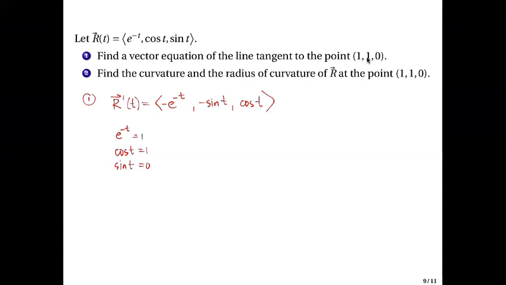So that's your 1, 1, 0 on the right hand side. On the left hand side, you have e to the minus t, cosine t, sine t. But if you combine this, you will easily get that the value of t must be equal to 0.